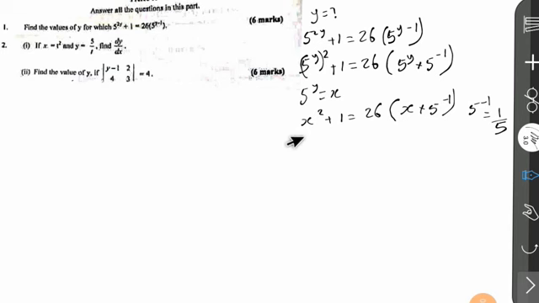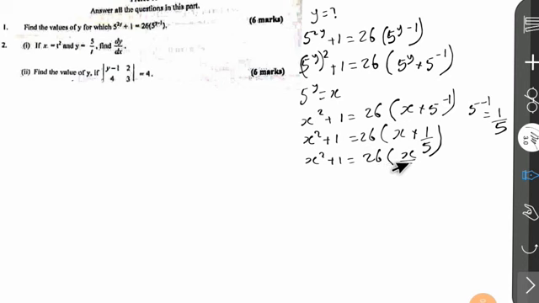So this becomes s raised to the power of 2, plus 1, equals 26 open bracket, s multiplied by 1 over 5. Next, let's open the bracket. s times 1 is s, so we have s squared plus 1 equals 26 times s divided by 5.